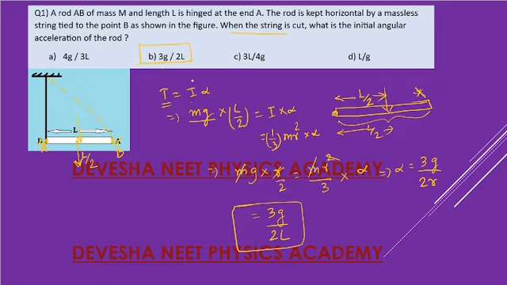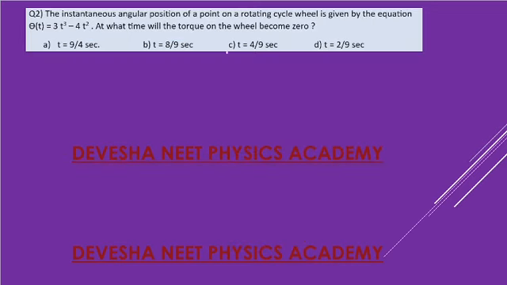Okay. Let's go to the next problem now. The instantaneous angular position of a point, theta, is given by 3t cube minus 4t square.